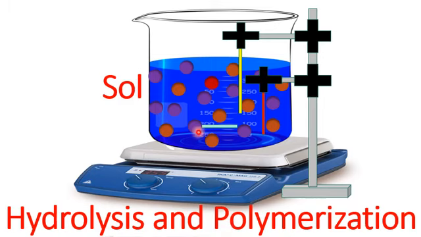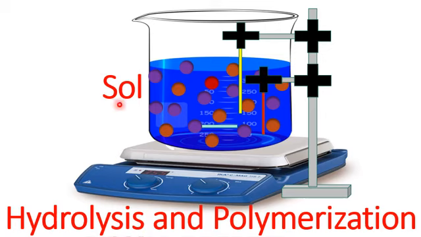So dear student, what do you think the term hydrolysis means? Basically, hydrolysis is a chemical breakdown of the precursor material due to a reaction with the solvent water. So these precursor materials in the hydrolysis process of the sol-gel route will be converted into hydroxyl groups, and as a result they will form a sol.